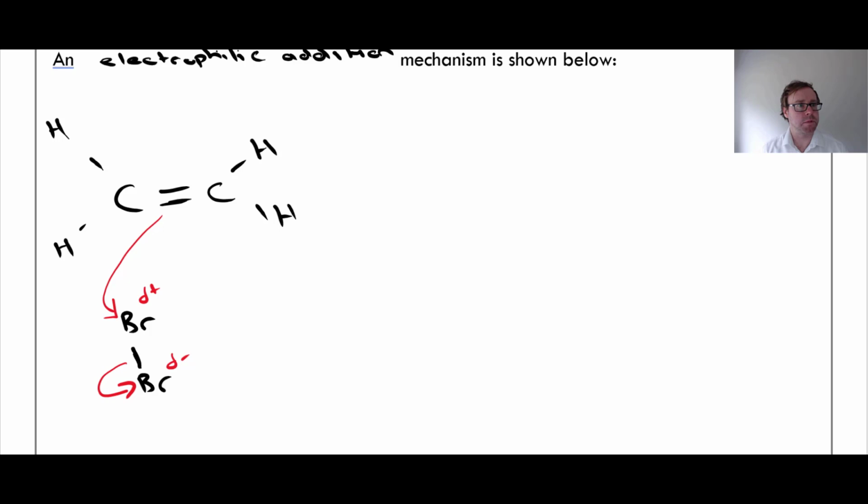So that's our first part of our mechanism, which means our next stage is that I have now broken this double bond. I have formed a covalent bond, technically a dative covalent bond, with this bromine atom.